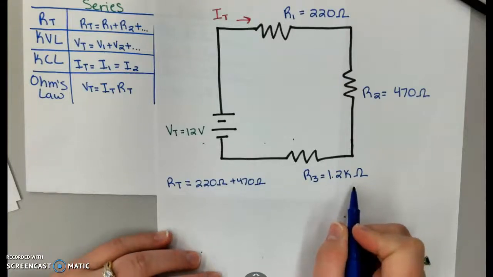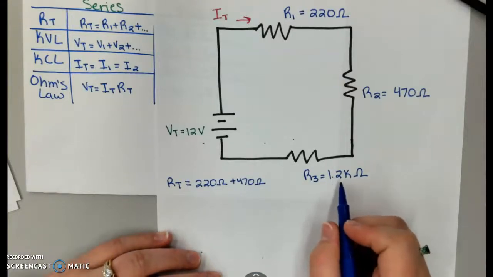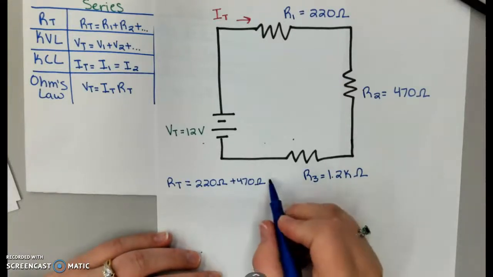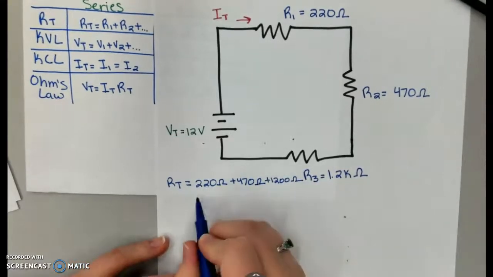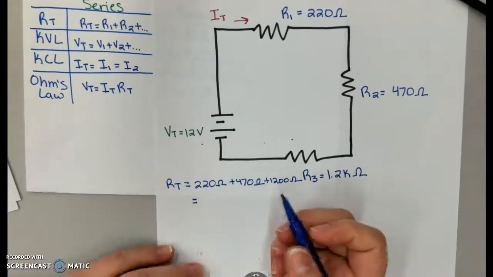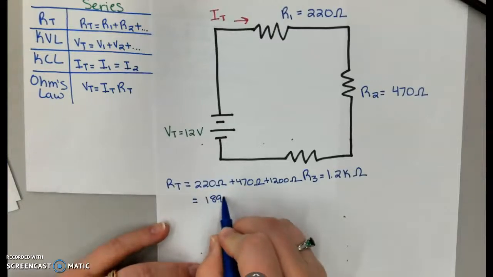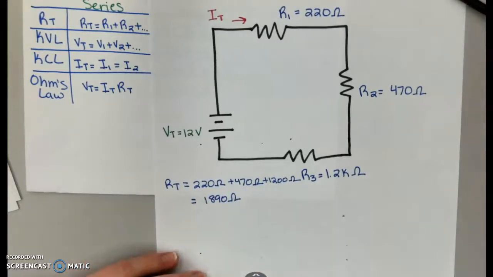That is the same thing as times 10 to the 3rd power. So that's going to be 1200 ohms. And so my total resistance for this circuit is 1890 ohms.